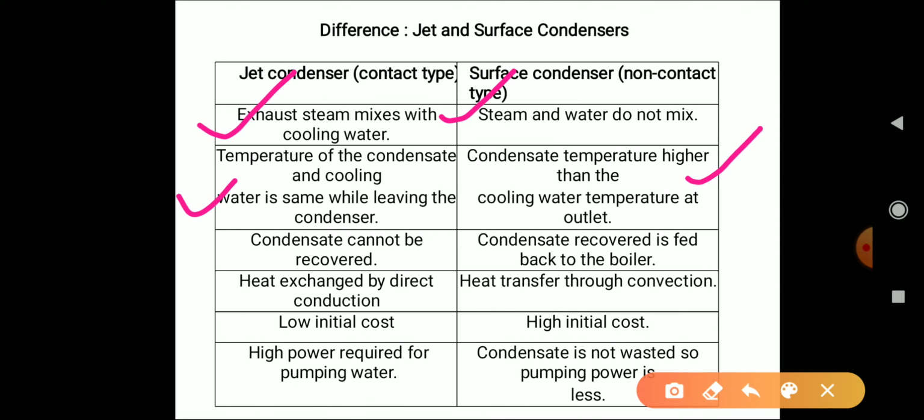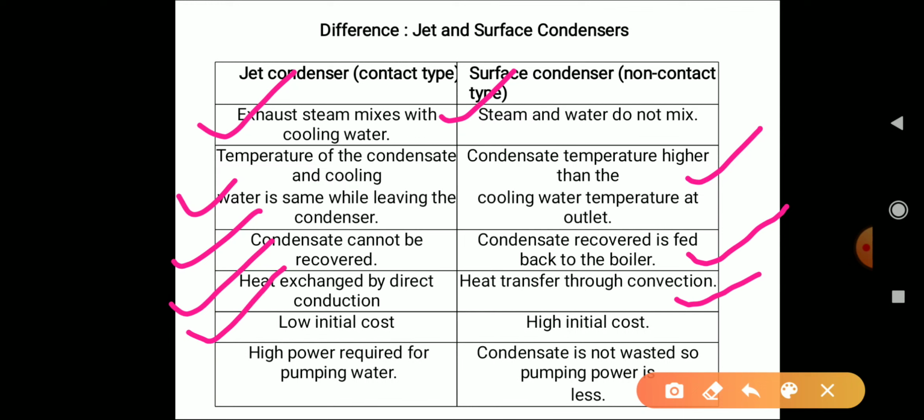In surface condenser, condensate temperature is higher than the cooling water temperature at outlet. In jet condenser, condensate cannot be recovered. In surface condenser, condensate is recovered and fed back to the boiler. In jet condenser, heat is exchanged by direct contact. In surface condenser, heat transfer is through convection.